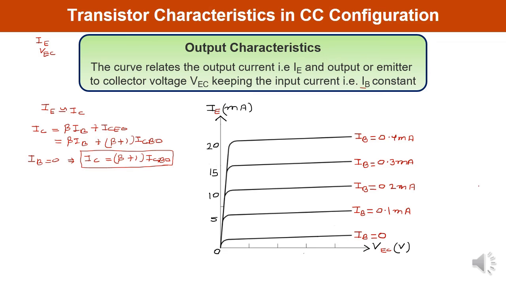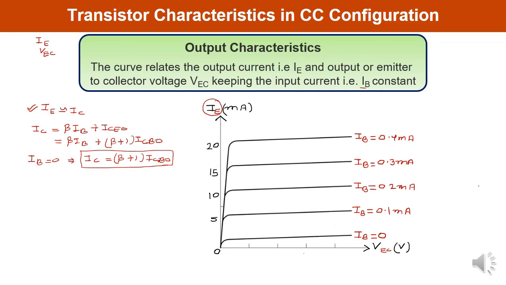At the same time, as you know, IE is almost equal to IC, so when you plot the curve for common collector configuration, if you remember, in common emitter you took IC on the y-axis, but here you are going to take IE. It means the curve is the same as in the common emitter configuration, and IC is equal to IE.